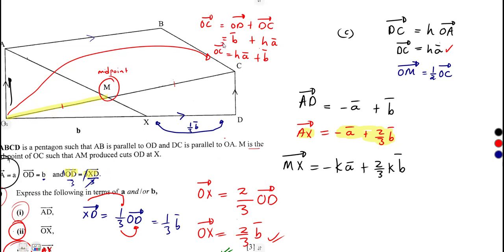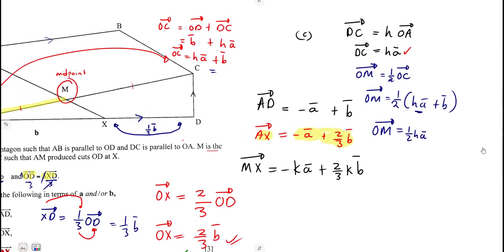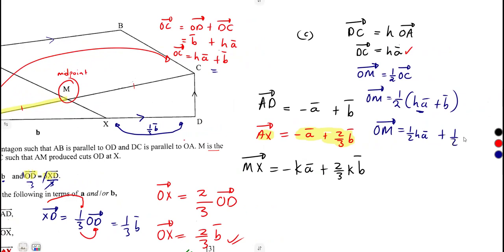That's our vector OC that you're going to need to find vector OM. So OM is half of OC, which is half of ha plus b. So that gives us the vector OM: half ha plus half b. So that's it, we have got OM from that calculation.